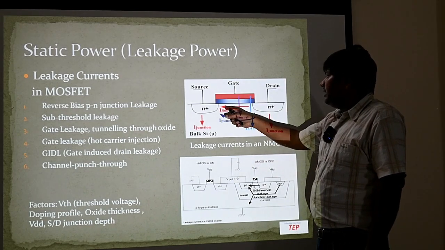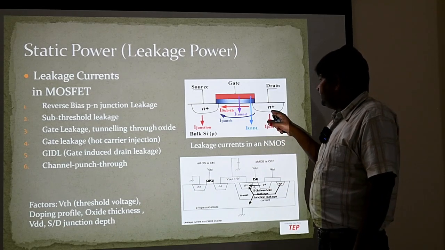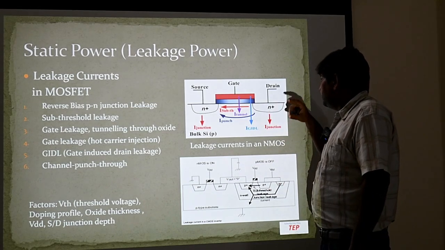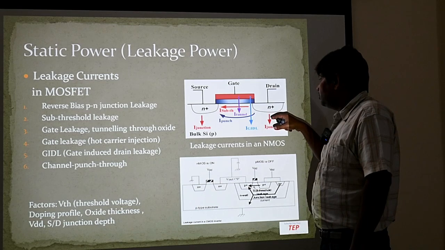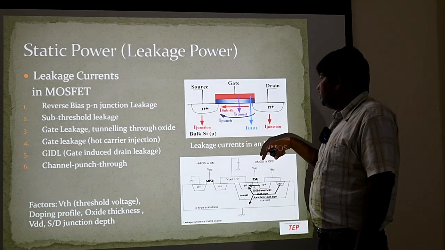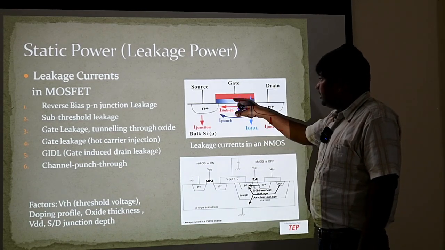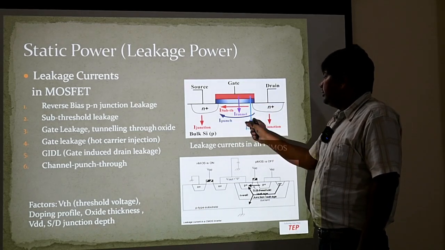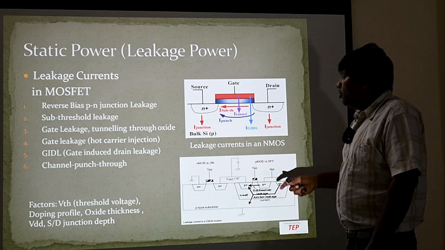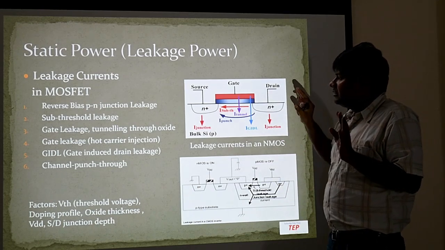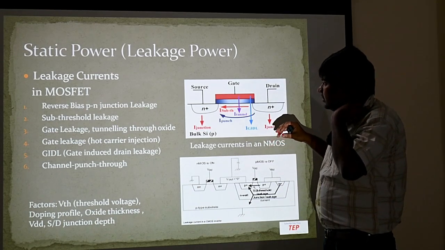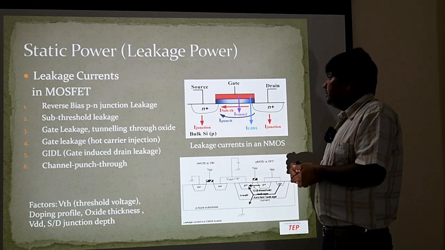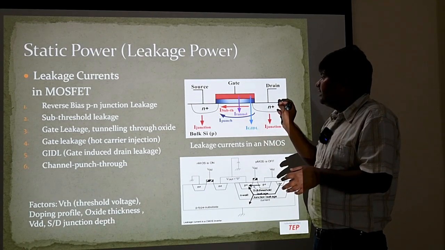So what is the length of the gate, how deep are the drain and source, the thickness of the gate dielectric, and the doping concentration. All those factors will in effect affect the leakage currents.